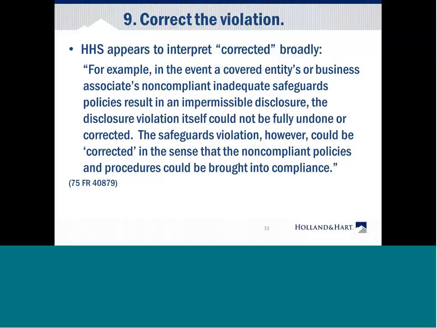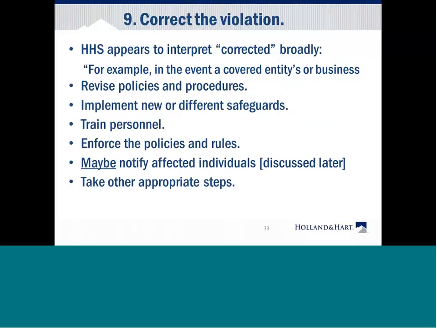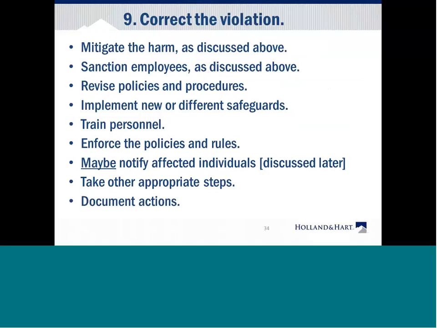For example, in the event of covered entities or business associates' non-compliant, inadequate safeguards or policies result in an impermissible disclosure, the disclosure violation itself could not be fully undone or corrected. The safeguard violation, however, could be corrected in the sense that the non-compliant policies and procedures could be brought into compliance. So, as a part of that correction, you need to do things like mitigate the harm, like we've talked about, sanction the employees, revise policies and procedures if necessary, implement new or different safeguards to avoid such disclosures or improper uses in the future.